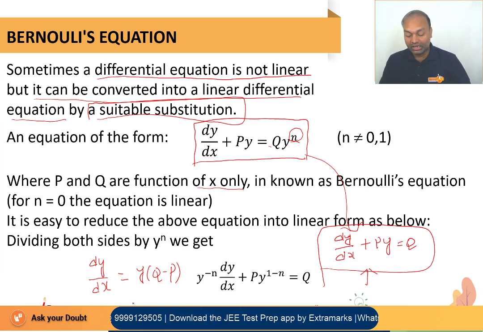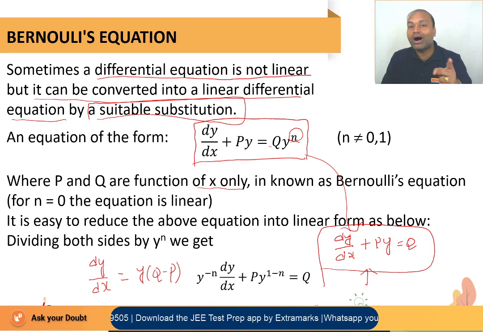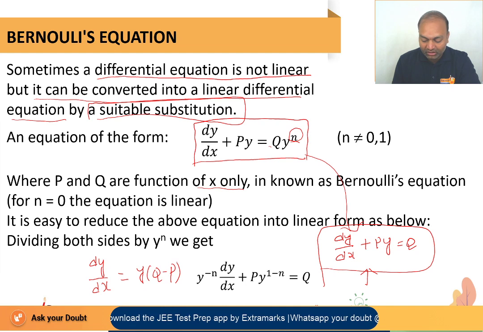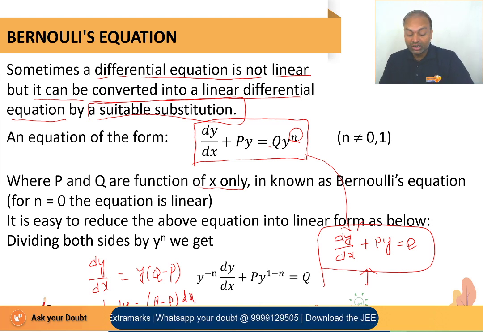Correct or not? Right. Here p and q are either constants or functions of x only. Then y shifts this side: 1 by y dy is equal to q minus p dx. Correct or not? Now you check it.